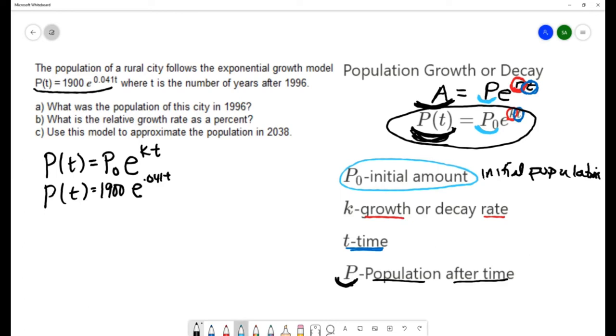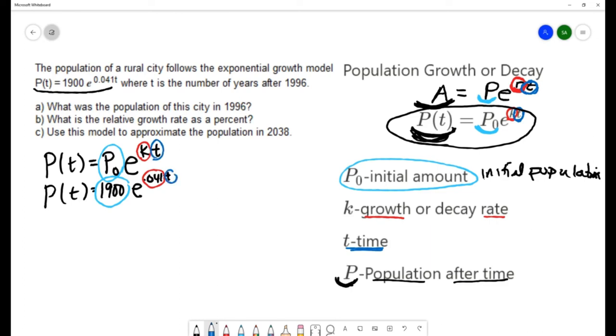So by matching these positions, we can see that P naught is the 1,900. We can see that the K is the 0.041. And we have, of course, the T's matching up with each other.